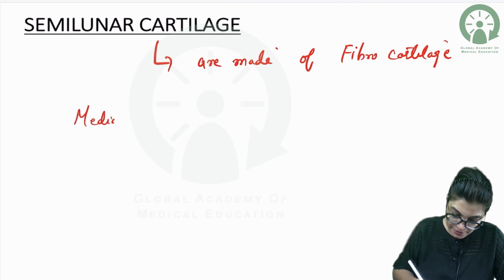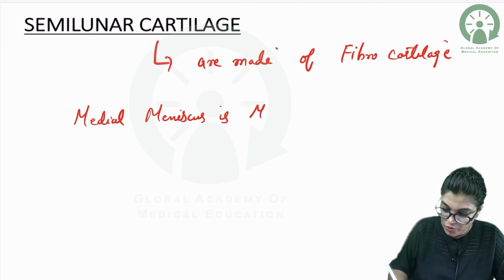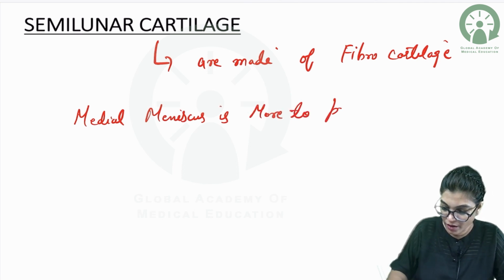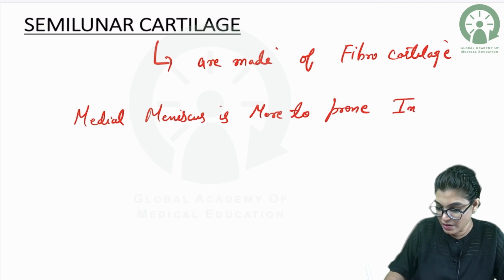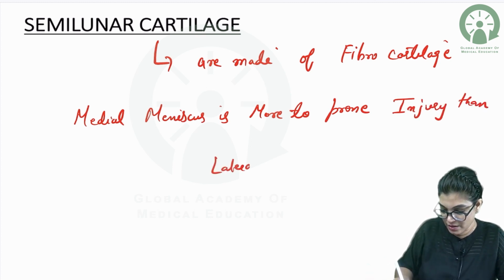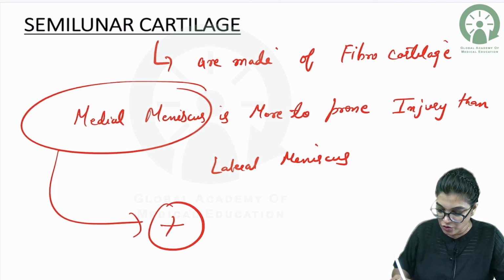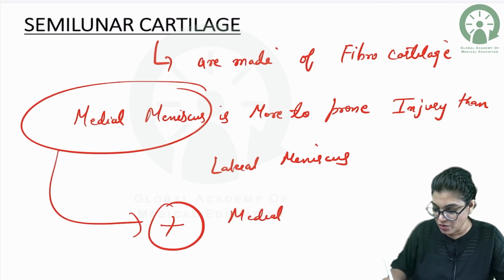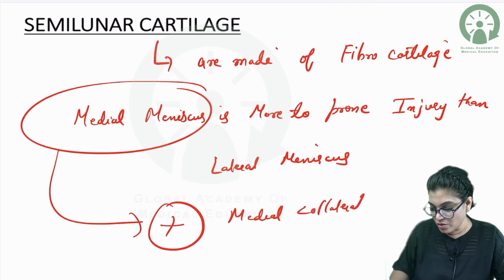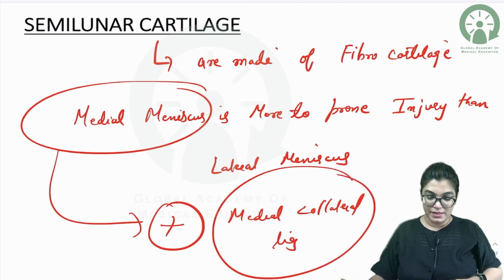Medial meniscus is more prone to injury than lateral meniscus. And we know that medial meniscus is adherent to which structure? It is adherent to the medial collateral ligament. So, the medial collateral ligament will also be injured along with the medial meniscus.